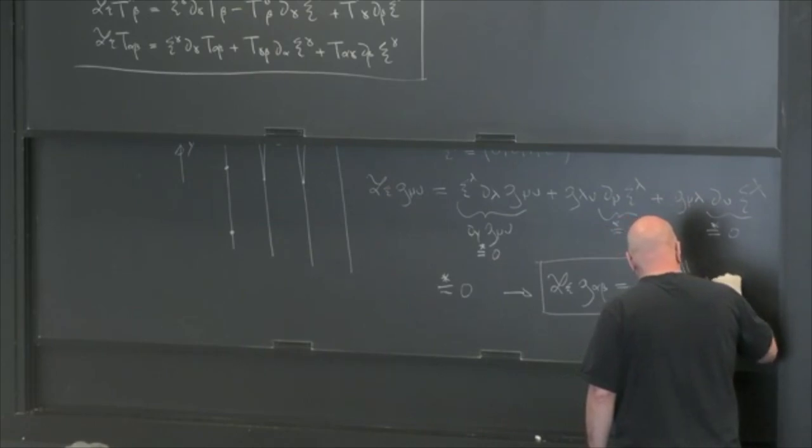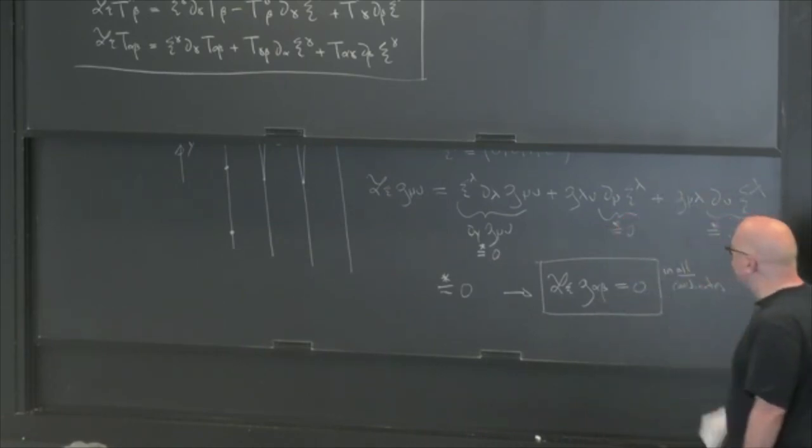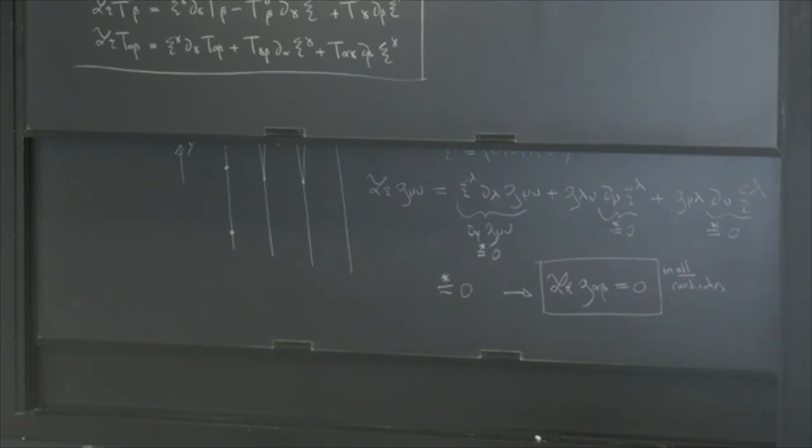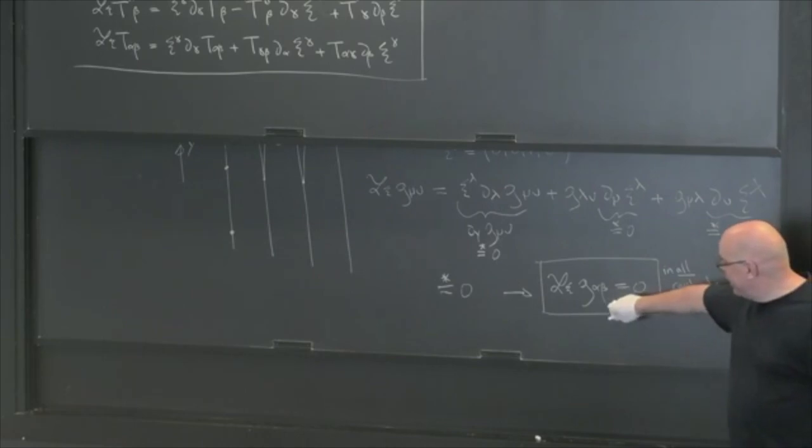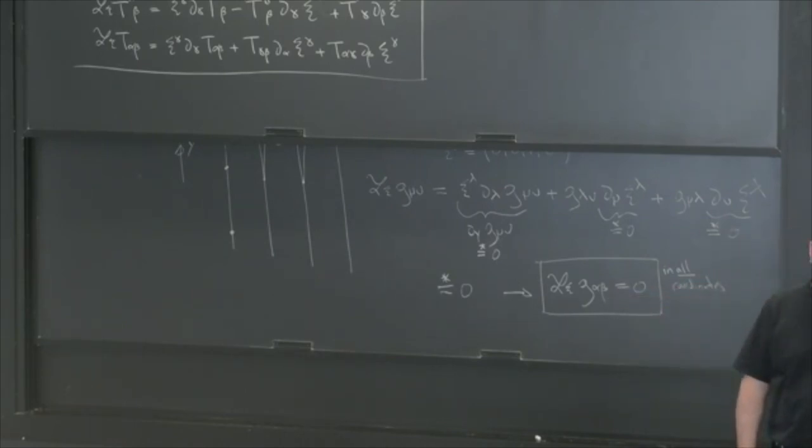So what we managed to do here is to turn a statement that was very specific to a coordinate system, invariant with respect to a y coordinate, into something that is a geometrical statement of the same thought, but now an equation that can be formulated in any coordinate system.